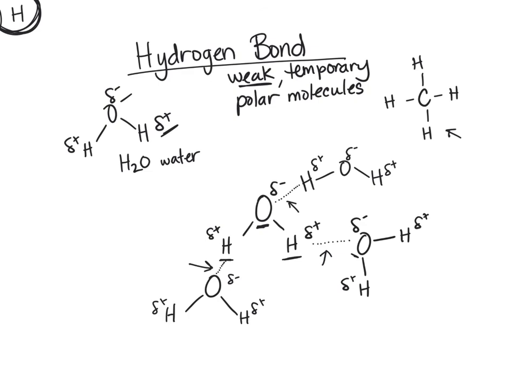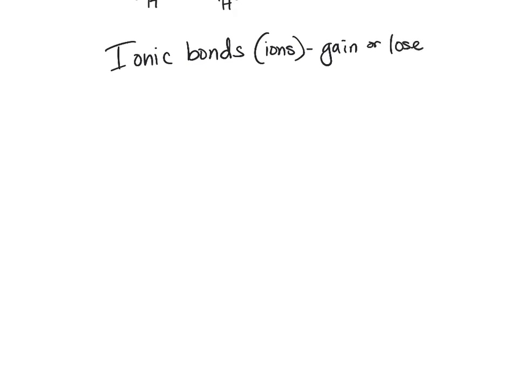Remember our ionic bonds, where we either gain or lose electrons. We have our covalent bonds, which includes our polar covalent and our nonpolar covalent, and then we have our hydrogen bonds. So I'm going to just write that out really quick. Remember our ionic bonds, which are between ions. And this is a gaining or losing of electrons. And then they sit close to each other because they're very positive and very negative, and then they stay next to each other.